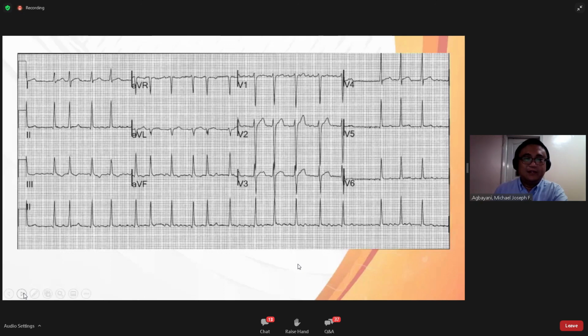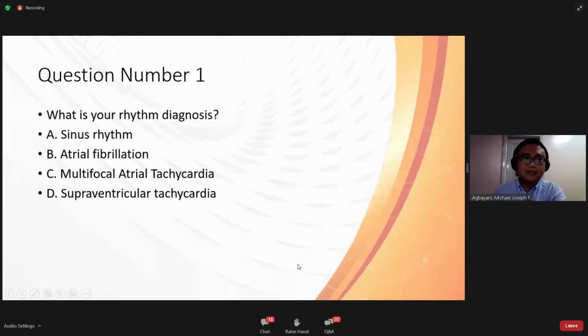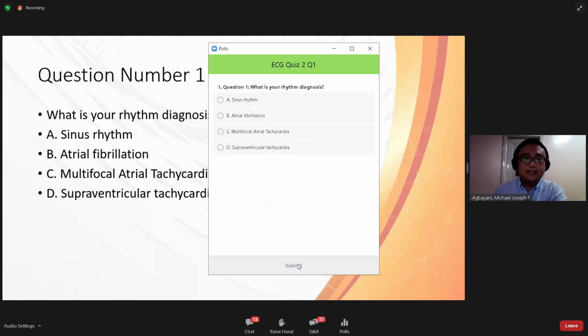Our question is, what is your rhythm diagnosis? Just the rhythm. You don't have to calculate for axis. You don't have to do anything like that. A, is it sinus rhythm? B, is it atrial fibrillation? C, is it multifocal atrial tachycardia?